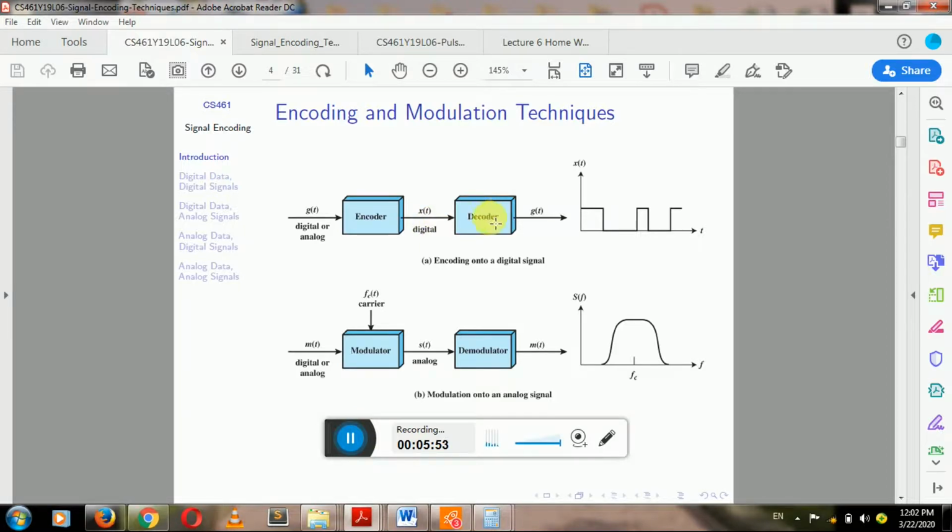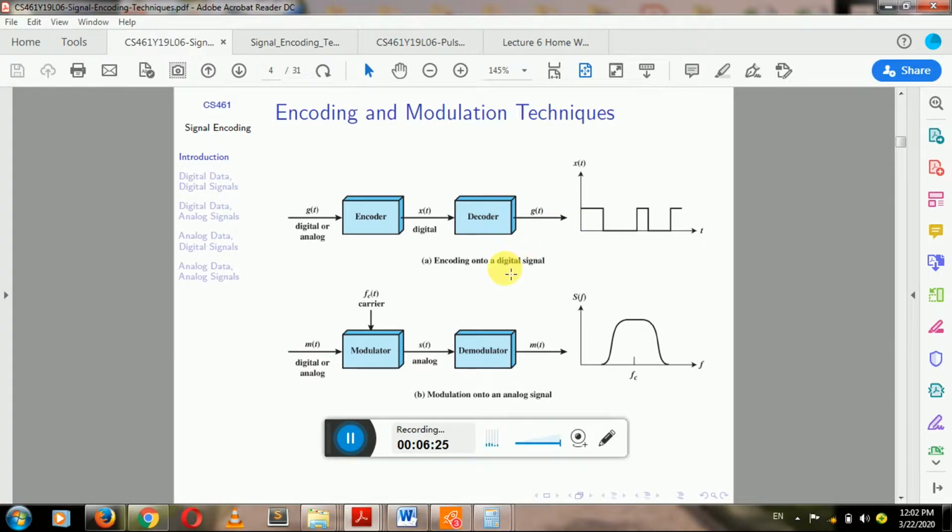The receiver has a decoder that takes all the received pulses, the different levels, and converts them back to analog or digital data. That is when we use digital signaling to communicate our data, irrespective of the type of data. We encode it into a signal and decode it at the receiver. This diagram is a plot, an example of a digital signal.